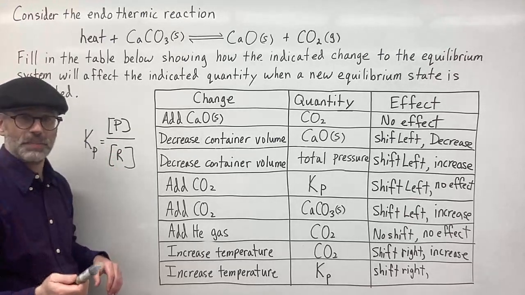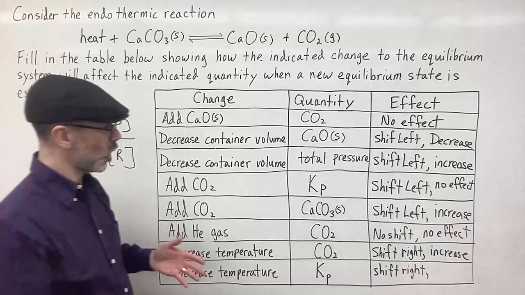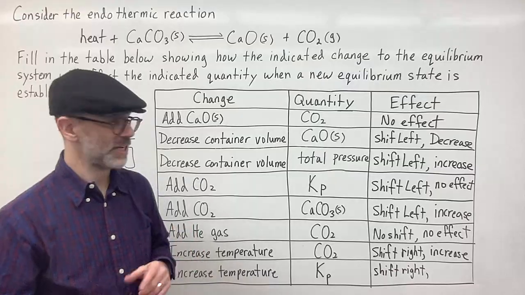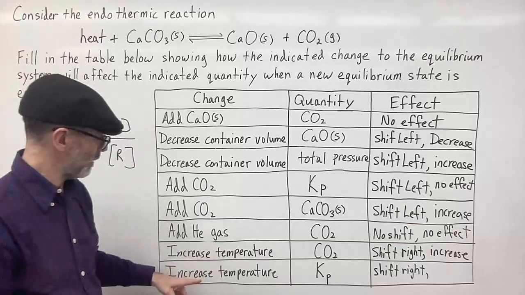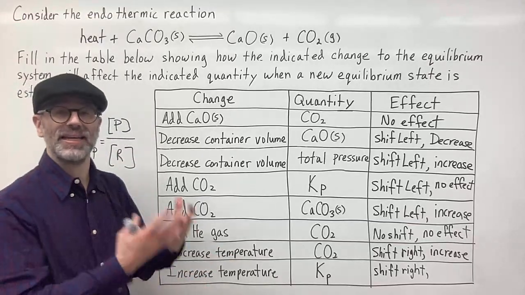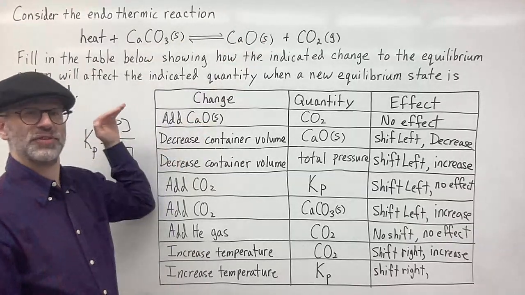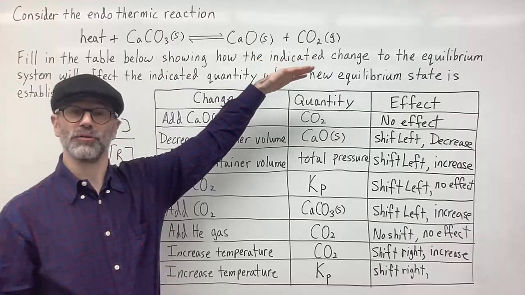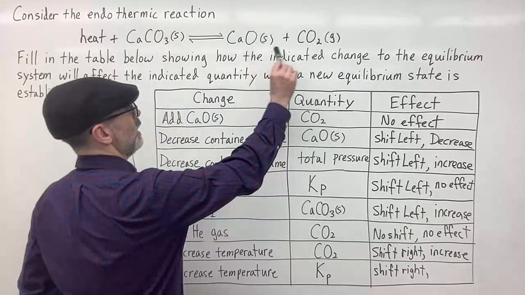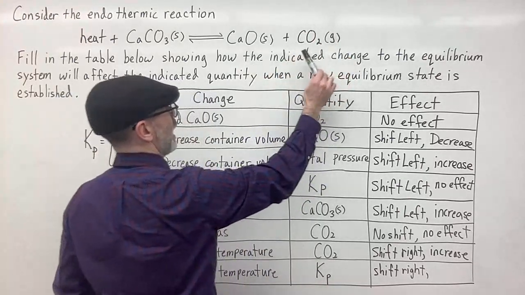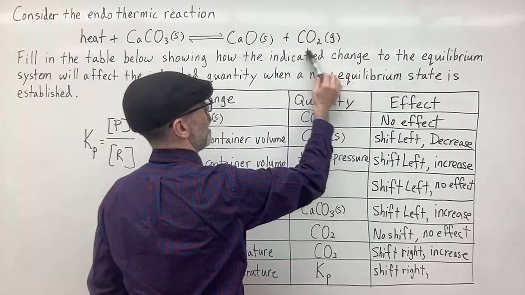So changing the temperature will change your equilibrium constant, right? But how is it going to change it in this case? Well, if I think of heat as a reactant and I'm increasing temperature, that means I'm adding heat, and therefore it's going to shift this way again. So it's going to shift to favor more product formation, right? So it's going to shift right, and the K value is only going to be dependent on the amount of CO2.